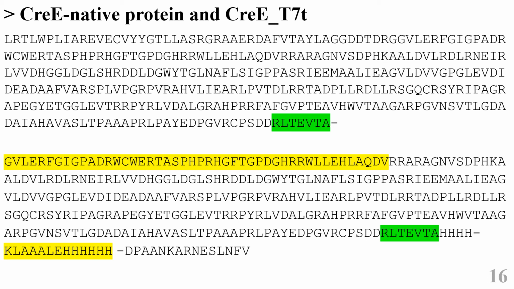On the top part of this slide, we have the bottom half of the native CreE protein sequence. On the bottom part of this slide, around the RLTEVTA region, there were 4 extra histidines found that should not be there. It is possible that these 4 extra histidines might be encouraging improper folding, which may have caused some issues with culturing the cells and trying to extract our soluble proteins in previous steps.